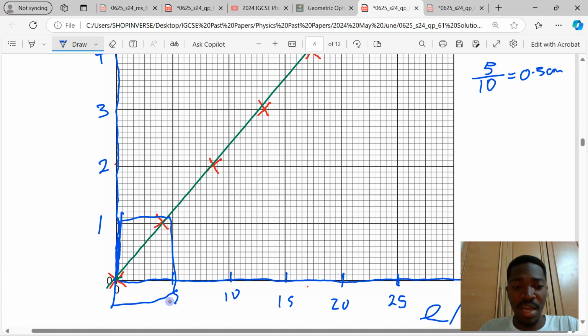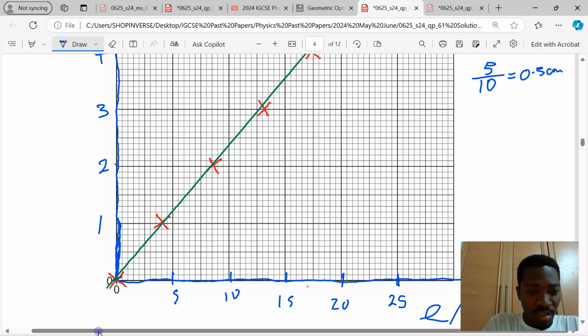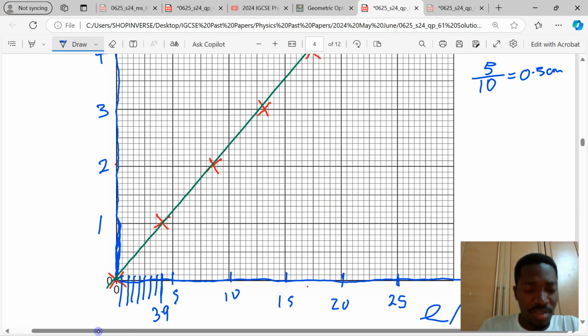So each of these boxes represents 0.5 centimeters. That simply means what I have is 0.5, 1.0, 1.5, 2.0, 2.5, 3.0, 3.5, 4.0. 3.9 centimeters can be approximated as 4. That's why I traced from 3.9 centimeters, and that's where I placed this point.